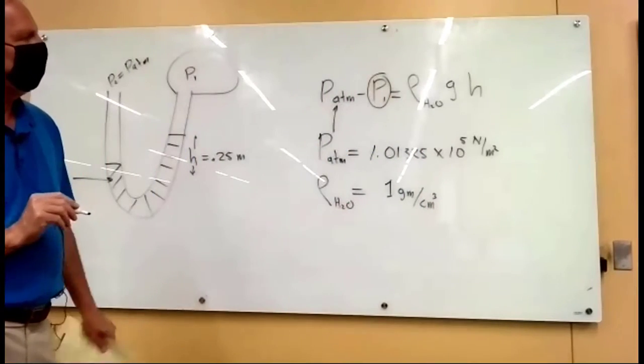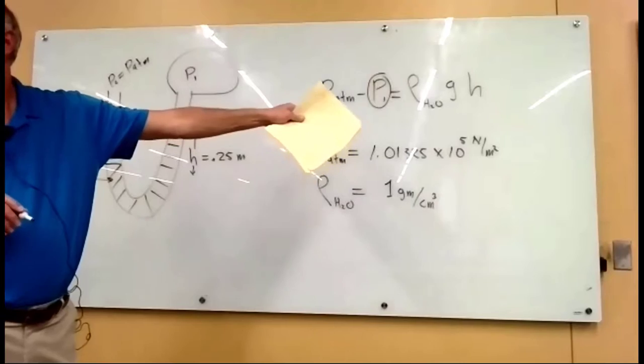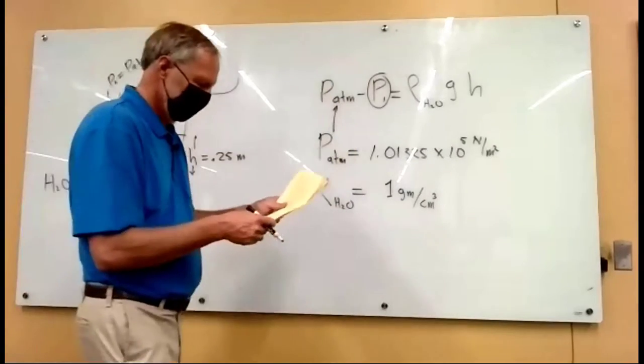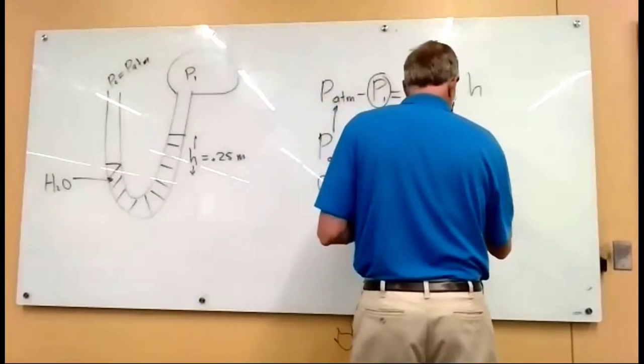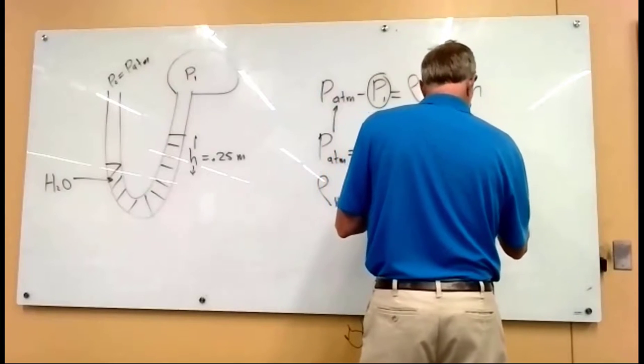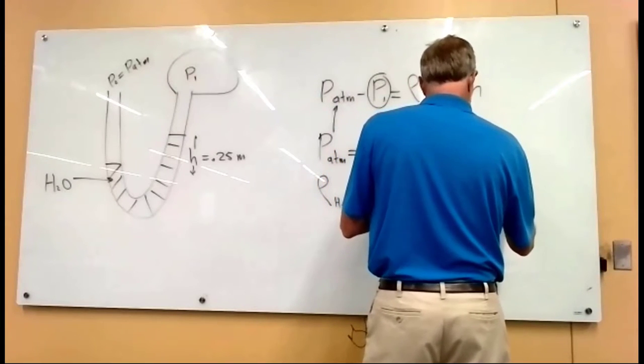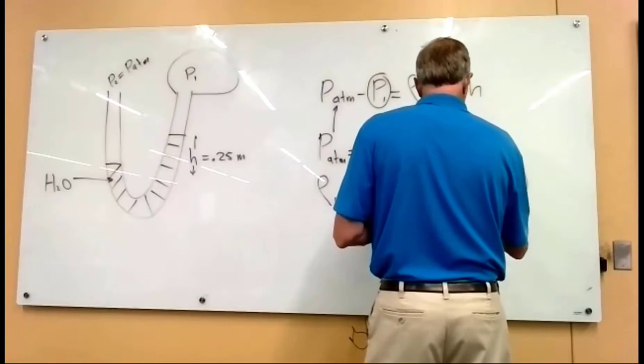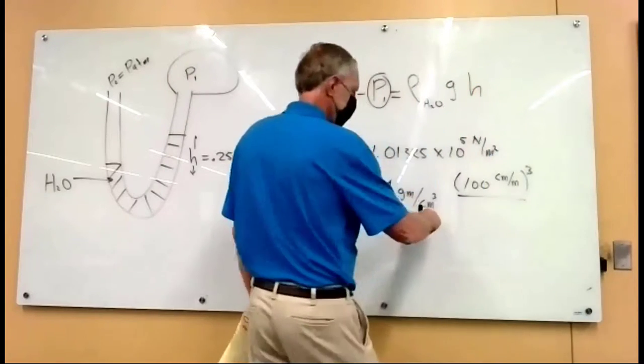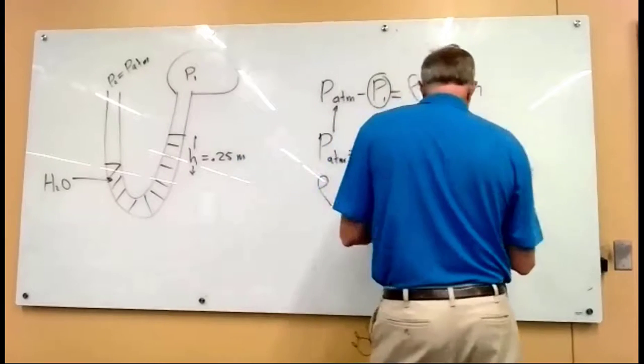But we need this in terms of kilograms because newtons has kilograms in it. So we have to multiply by 100 centimeters per meter. And we need 3 of those. Cancel out the centimeters to the third down here.